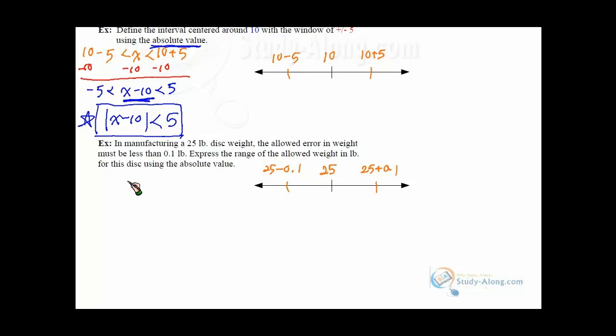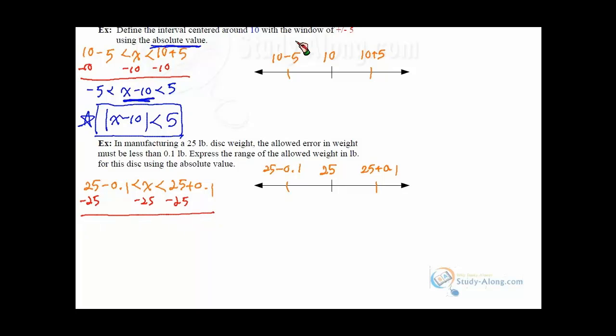Okay, so let's put this right back into the inequality. We've got 25 minus 0.1 being the lowest, then x, and 25 plus 0.1 being the highest boundary point. Now, what's the common number here? It's 25, but we have to do it in the middle also.